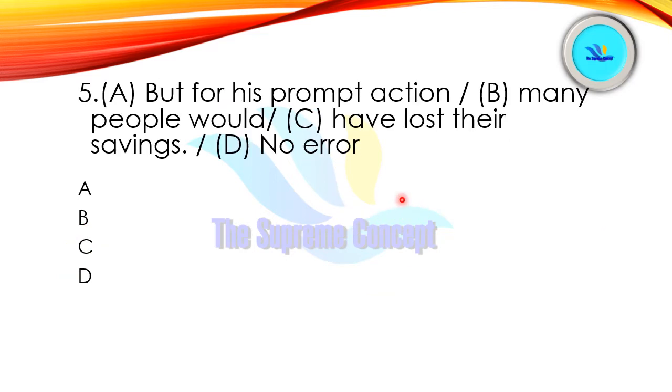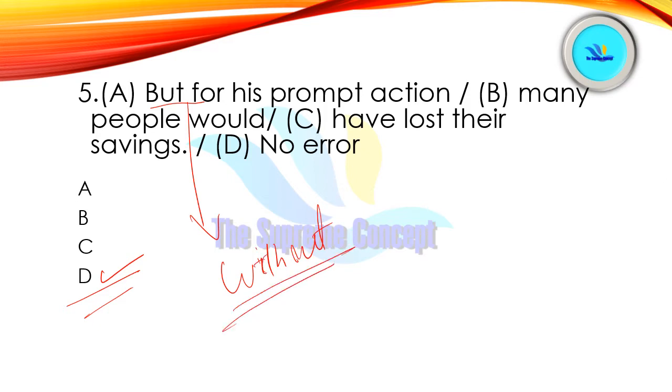But for his prompt action, many people would have lost their savings. Now find out your answer. Yes, option D is correct here. There is no error in this sentence. Don't get confused with "but for", because "but for" means "without".